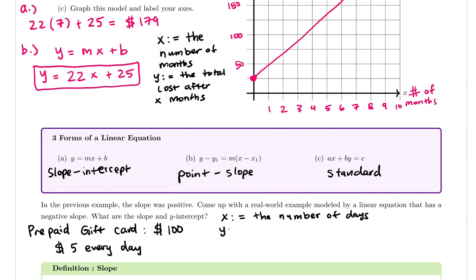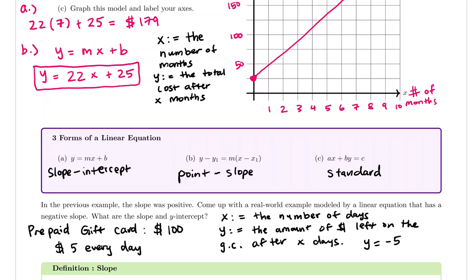And then y, we could say represents the amount of money left on the gift card after x number of days. And so if I were to create an equation for this, we would have y equals negative 5x plus $100. We have our linear equation here.